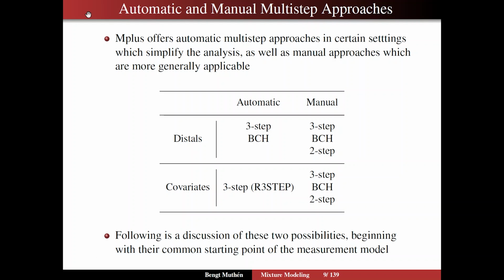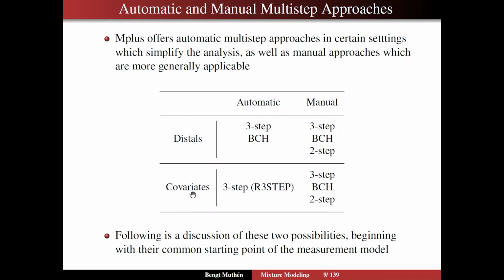Now, in Mplus, we have both automatic and manual multi-step approaches. The automatic multi-step approaches are only available for certain settings, which simplify the analysis. But in general, you typically need manual approaches that have much more general scope. So you have the automatic column, the manual column, distal outcomes versus covariates. For distal outcomes, we have the 3-step and BCH methods, whereas the manual approach can add 2-step.